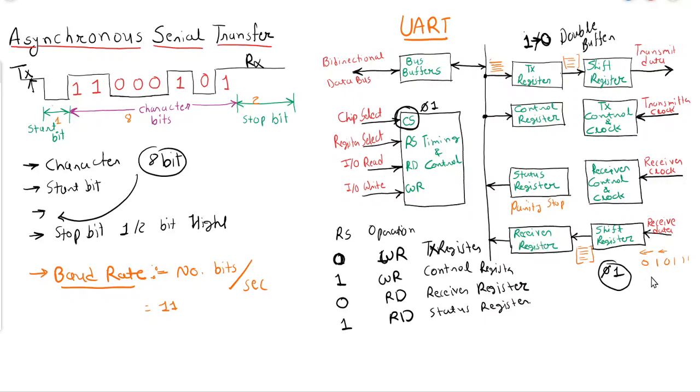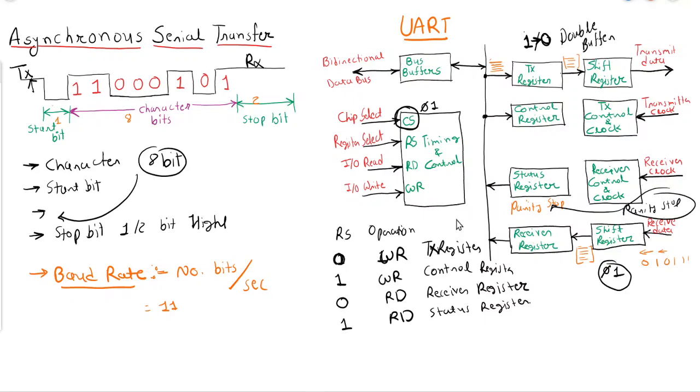After doing this, the CPU will also check the parity and stop bit, which will also be used in the status register, to determine whether the data is correctly received or not.